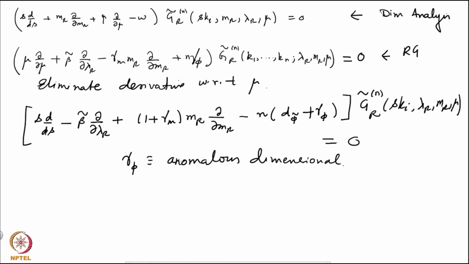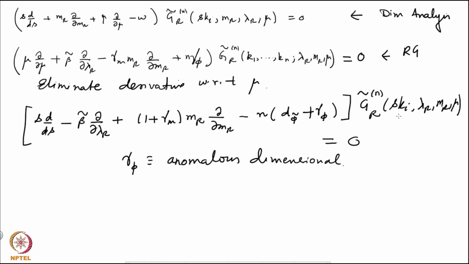So our goal will be to solve this equation, because when you solve it, that's a differential equation, you can then write g tilde n as a function of ki in terms of g tilde n of ki.